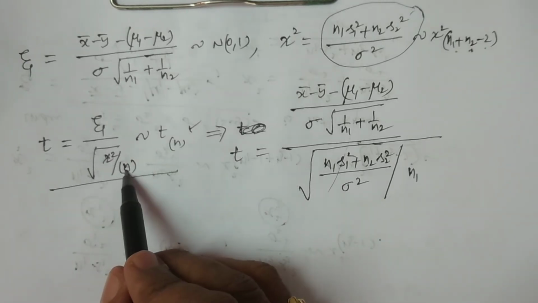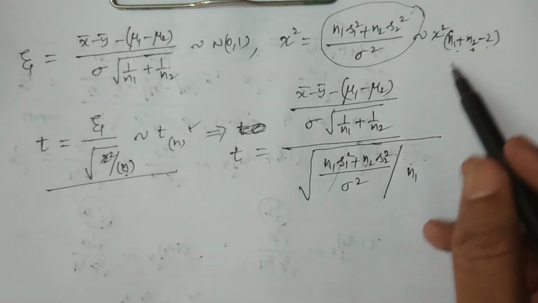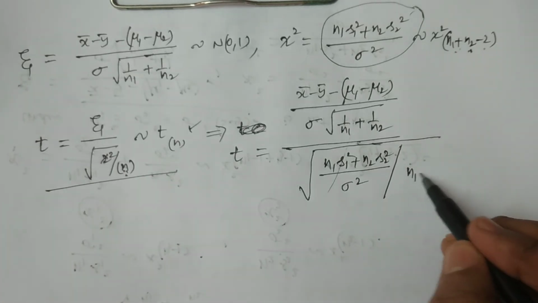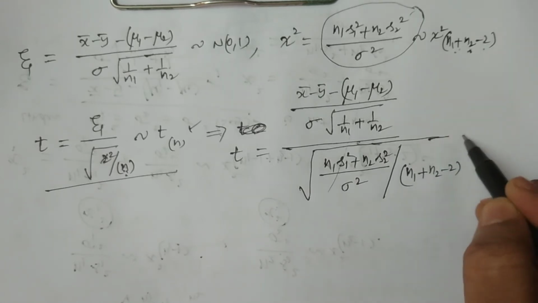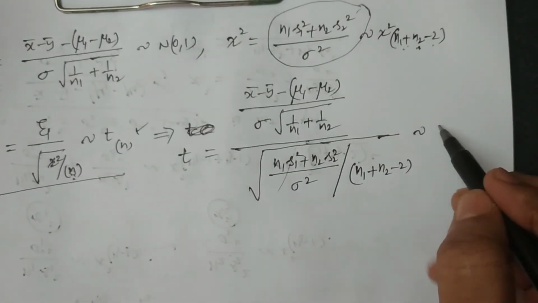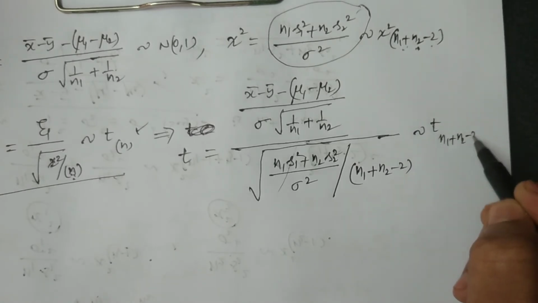If chi-square follows chi-square n, the degrees of freedom is n. Here the degrees of freedom is n1 plus n2 minus 2, which follows a t distribution with n1 plus n2 minus 2 degrees of freedom.